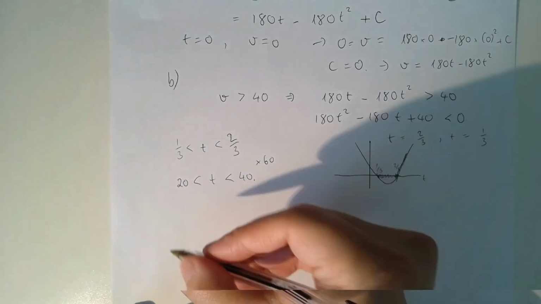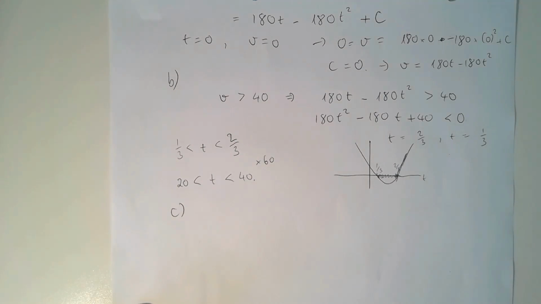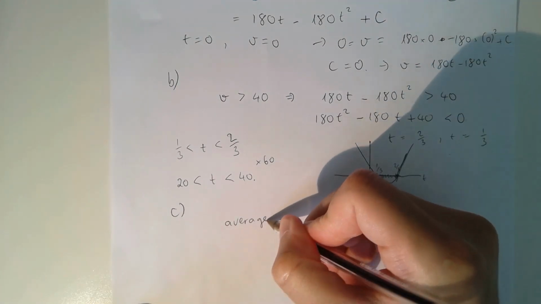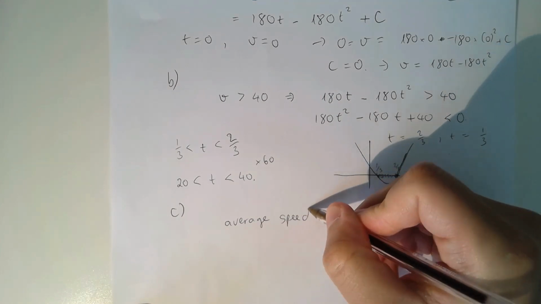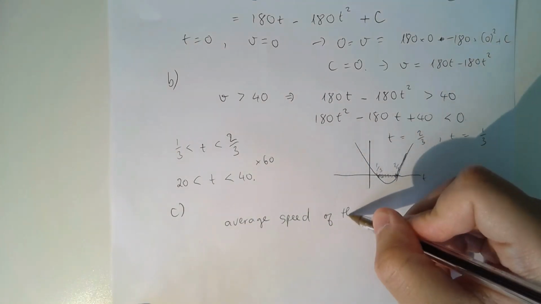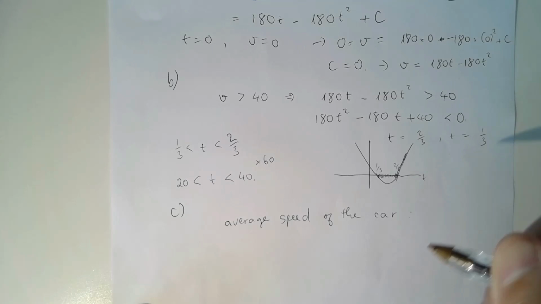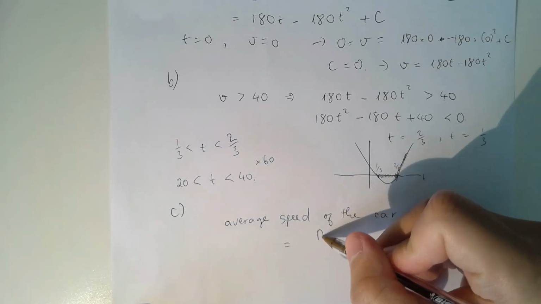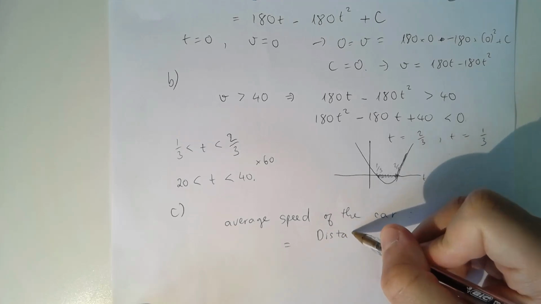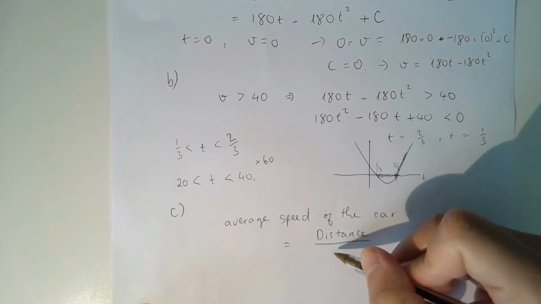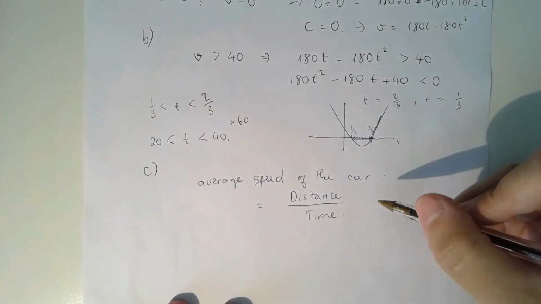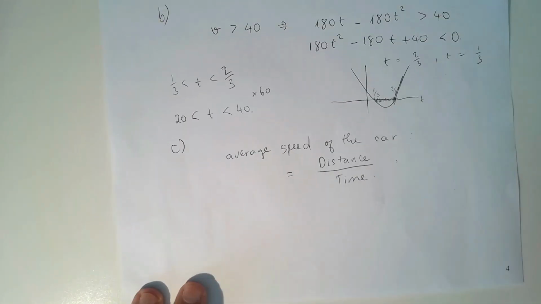Part C. We're looking for the average speed of the car. That is basically equal to total distance over time. Now we're looking for x first, of course.